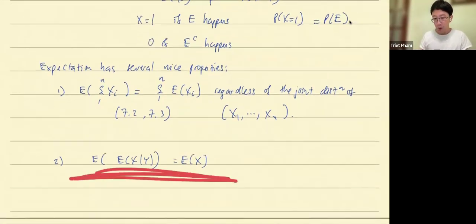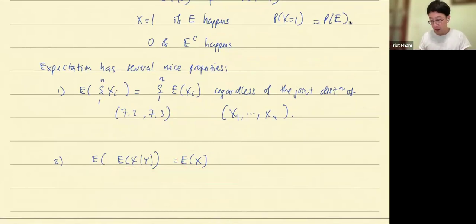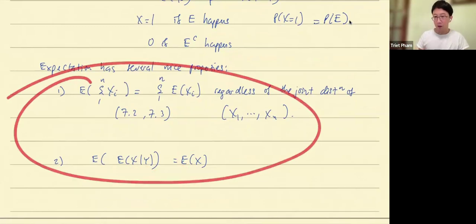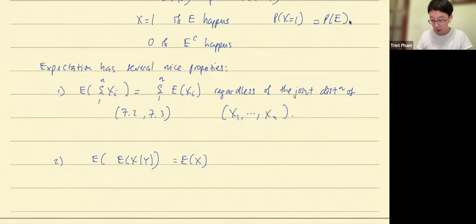This allows you to compute expectation by conditioning, which is a very powerful technique that goes into different areas, statistics, finance, whatnot. So these two together are the reason why we want the whole chapter devoted to expectation.